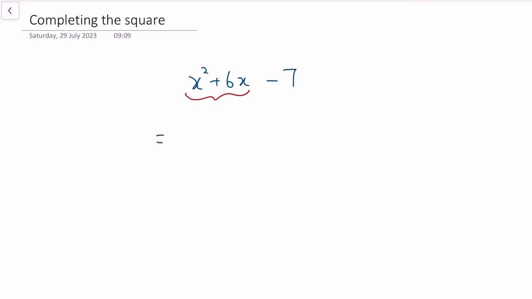So it turns out one of the easier ways of doing completing the square is that you kind of have to memorize the following. So what you do is, after the x squared and the x term, you're gonna add something. You keep the constant term at the back, but you add something by yourself.